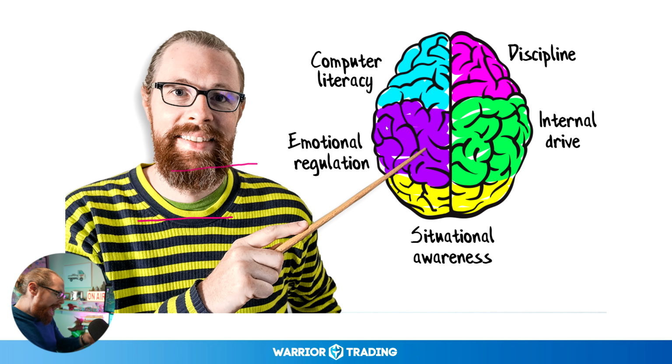Now, one of the biggest challenges that traders have is not necessarily understanding how to read charts. That's not usually the hard part. Understanding how to read charts is fairly straightforward. Once you learn the language, you can understand the candlestick charts. The hard part for most traders is having the discipline to follow the rules of your strategy and to be patient.